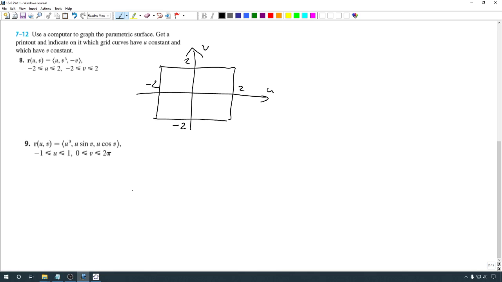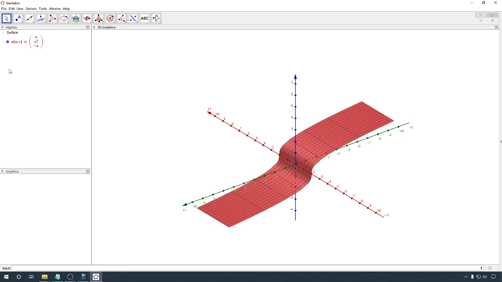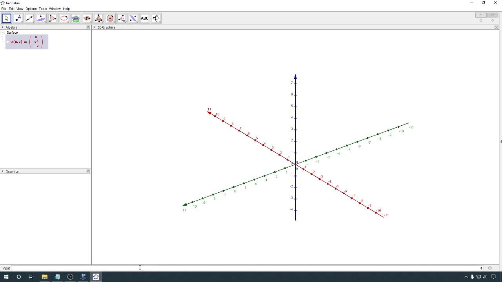If we look at problem 9, this is another surface with components of u cubed, u sine v, and u cosine v. U is going from -1 to 1, v is going from 0 to 2 pi. If I graph that one, and I'll kind of hide that one for the moment. So again, I do surface.